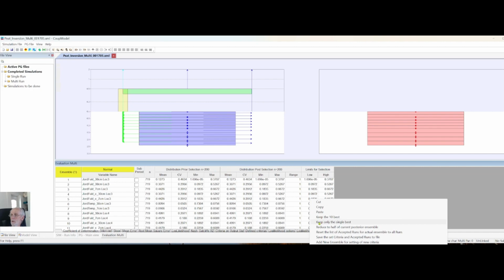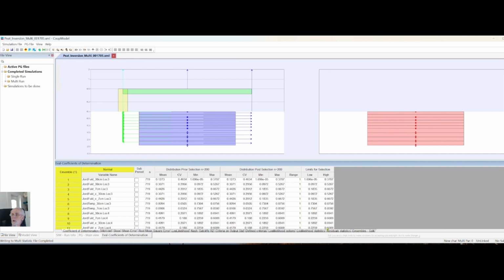And first I just make sure that I will look to the prior distribution, not actually how good the model could be. Instead, I will look to how big potential the multi-run had to describe the measurements.